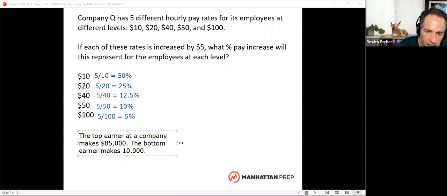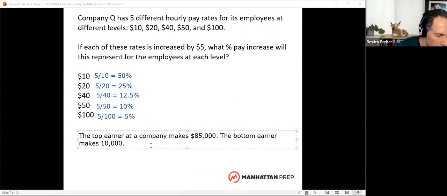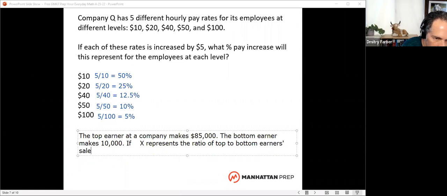So then using the same idea of $5 for a second, what if I said, if X represents the ratio of top to bottom earners' salaries, by how much will X decrease if each worker gets a $5,000 raise, right?